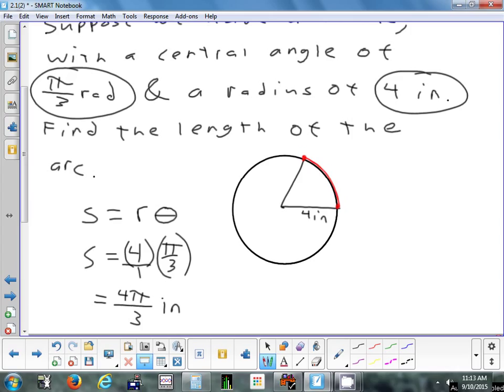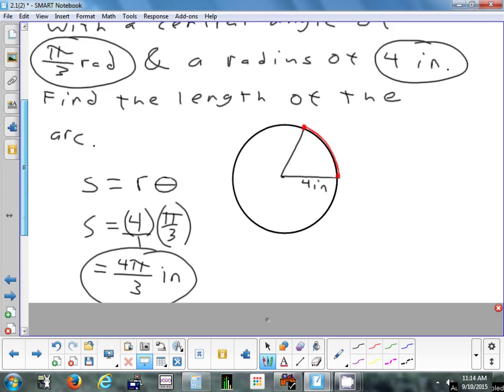If you're finding an angle, that's in radians. Okay, we wouldn't measure an angle and say the angle is 2 inches. Could be 2 degrees, could be 2 radians, but it's not 2 inches. Any questions on that one? All right.